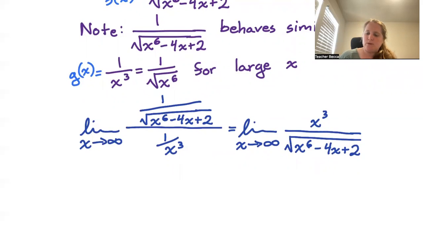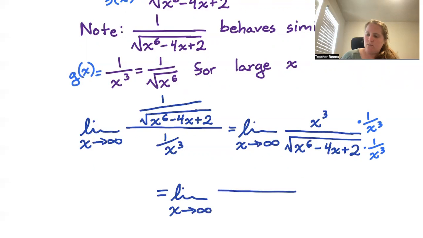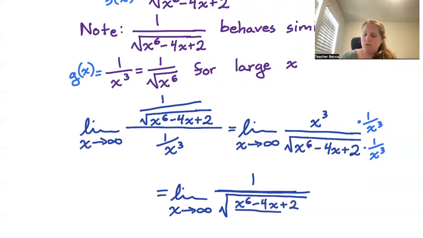So if we just multiply by a 1 over x cubed up top and down below, we are looking at the limit as x approaches infinity of 1 up top. And then if we toss that x cubed inside the square root, it becomes x to the 6th. So we would have x to the 6th minus 4x plus 2 all over x to the 6th inside our square root.